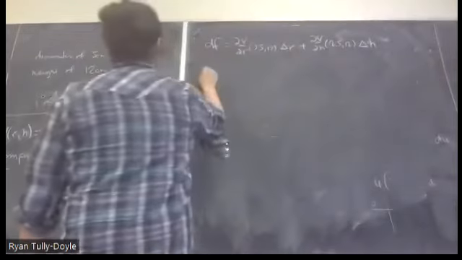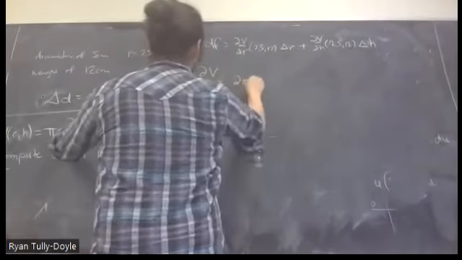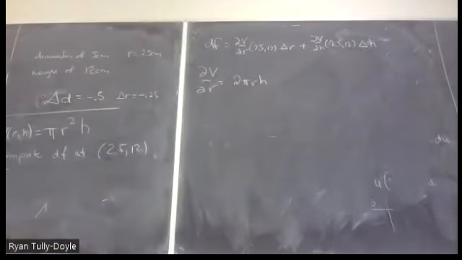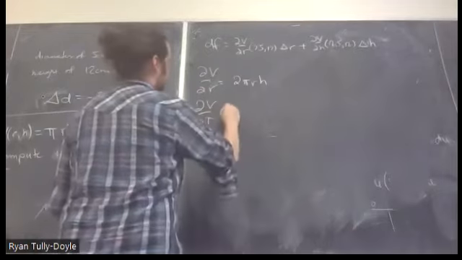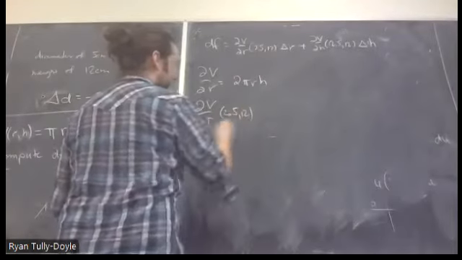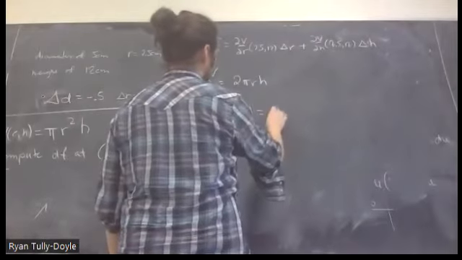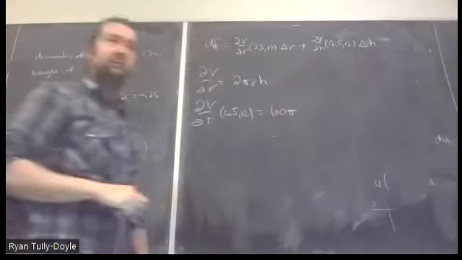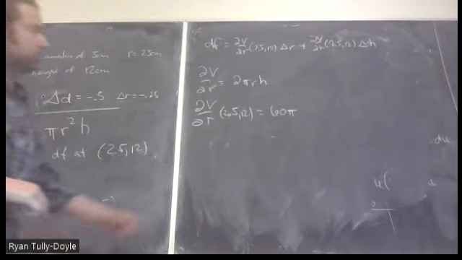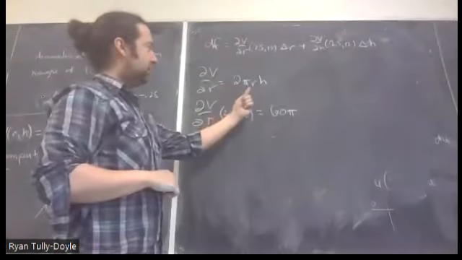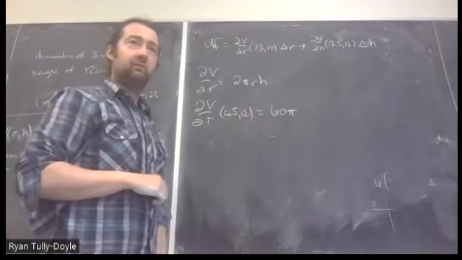What is dV/dr? dV/dr is 2 pi r h. Evaluated at 2.5, 12, we get 60 pi. Does that seem right? 2 times pi times radius times height is 5 times 12 times pi, which is 60 pi, I think.